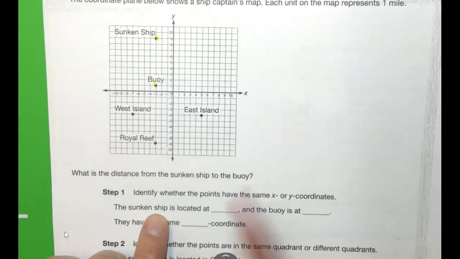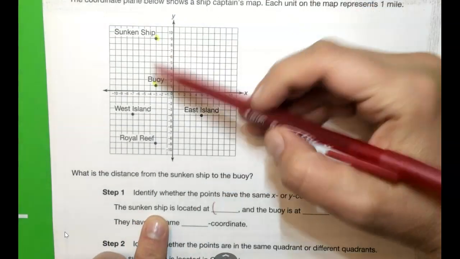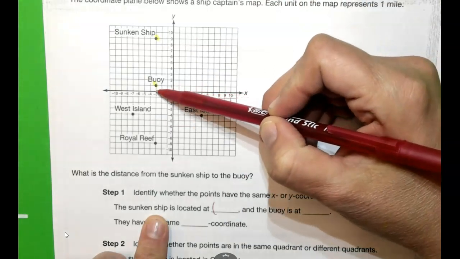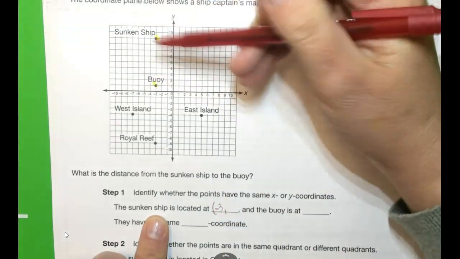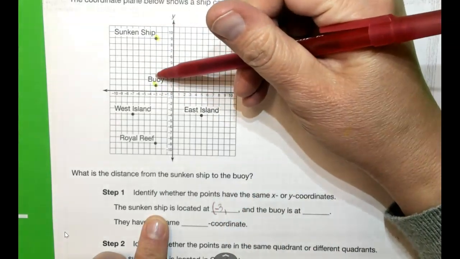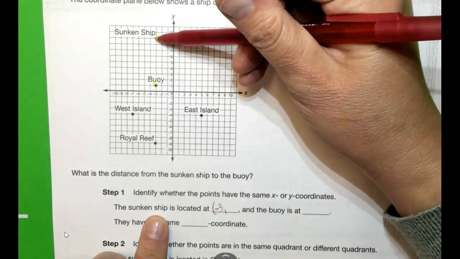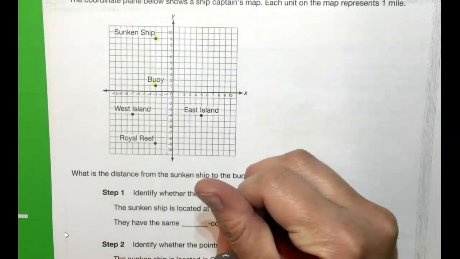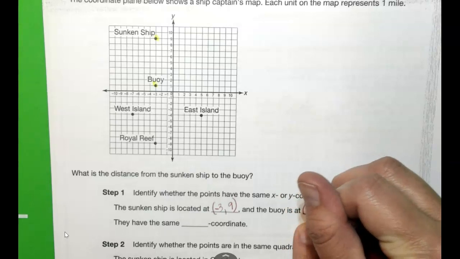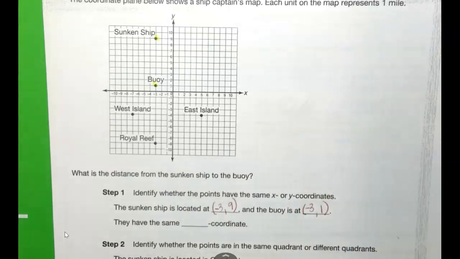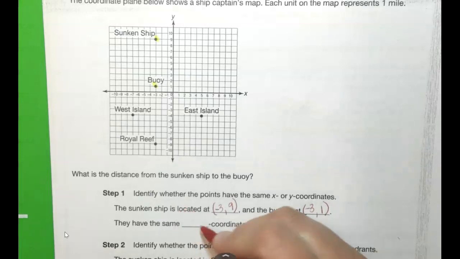The sunken ship is located at, well, we went out 1, 2, 3, so we're at -3, and then we went up 1, 2, 3, 4, 5, 6, 7, 8, 9, so we're at -3, 9. And the buoy is also at -3 and 1. So in this case, they have the same x coordinates.